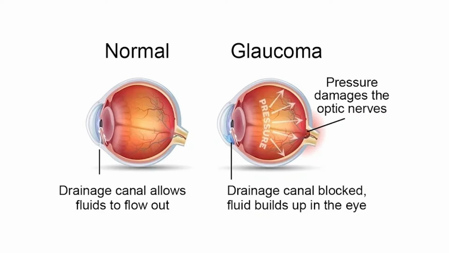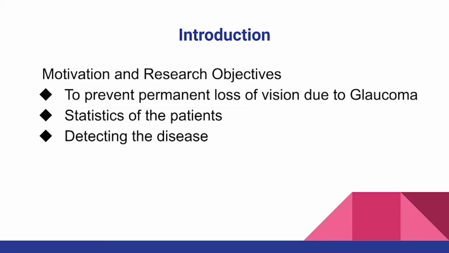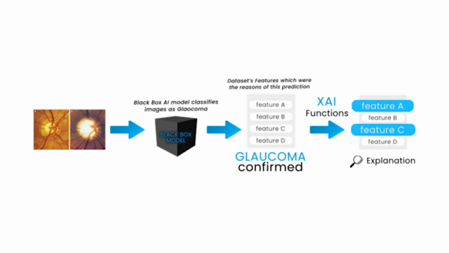In this research, we used the glaucoma dataset in our algorithm to predict outcomes related to glaucoma, suspicious glaucoma, and non-glaucoma. The main goal of this research was to develop an automated deep learning neural network architecture for early detection of glaucoma disease. We are going to use explainable AI to classify a scanned image of eyes that have glaucoma.